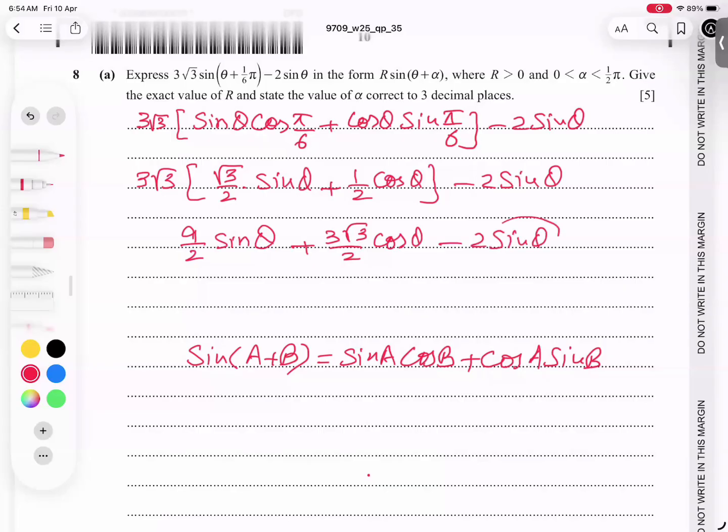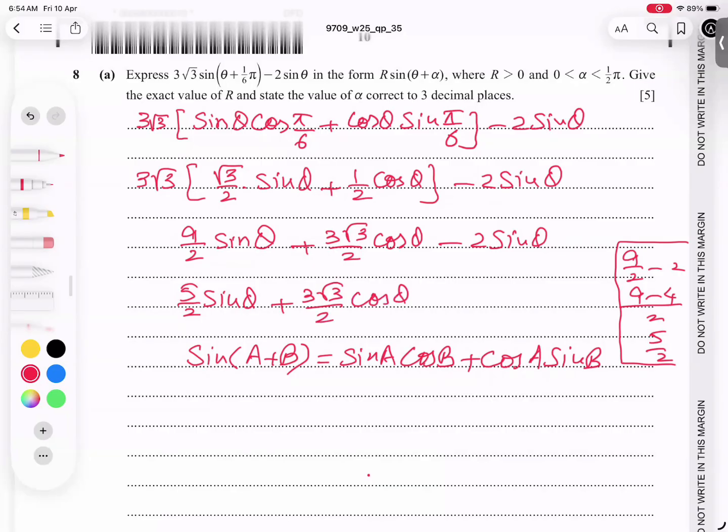But still we have two sine terms. So if we solve this coefficient and this coefficient, 9 over 2 minus 2, with LCM 2, 9 minus 4, we get 5 by 2. I hope the concept is clear. So 5 by 2 sine theta and positive 3 root 3 over 2 cos theta. I hope, students, this part is clear.